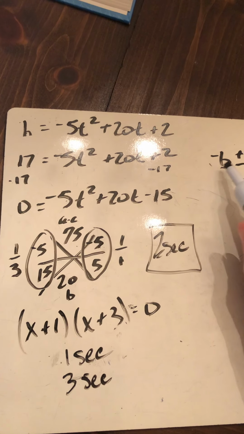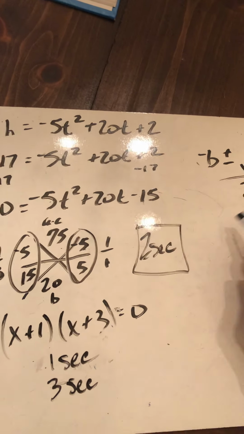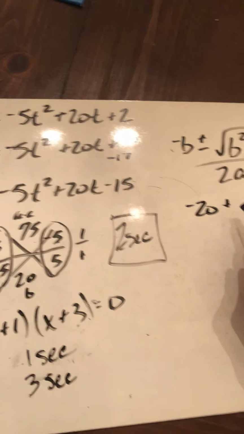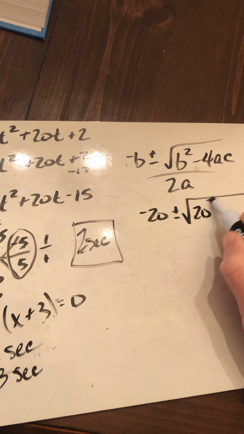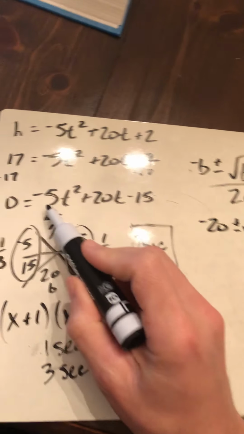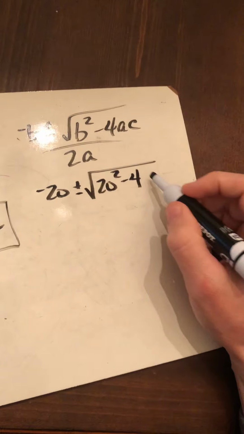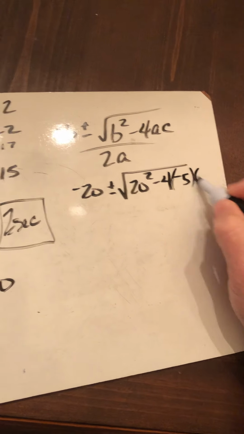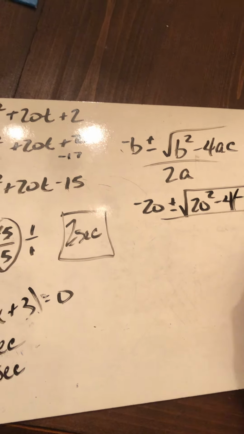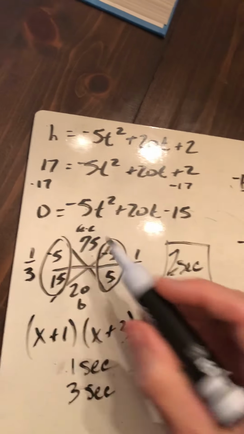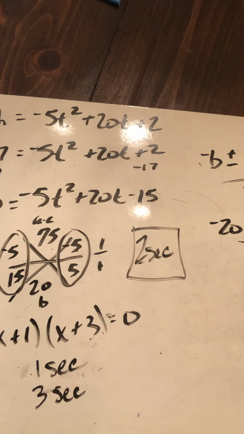Negative b, so negative 20, plus or minus the square root of b squared, so 20 squared, minus 4 times a, which is negative 5, times c, which is negative 15, over 2 times a, which is still negative 5.